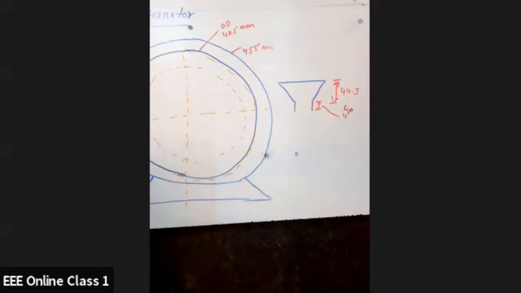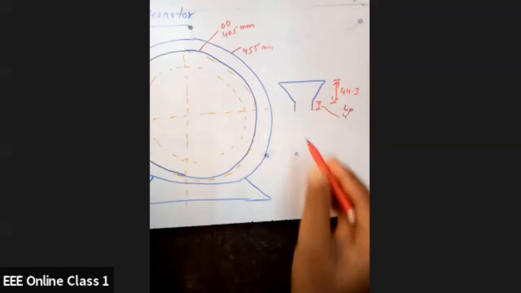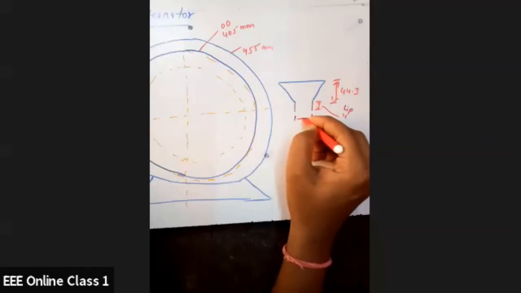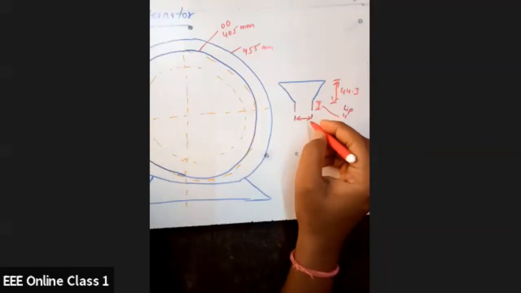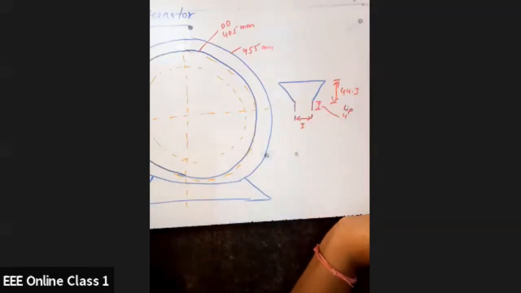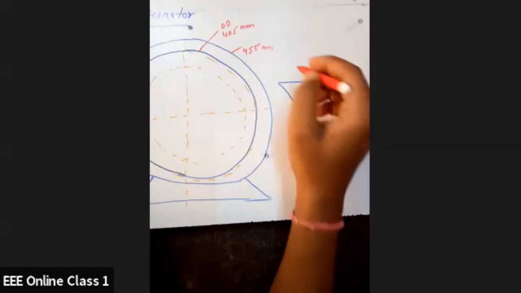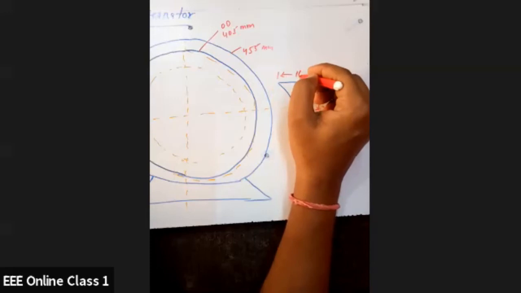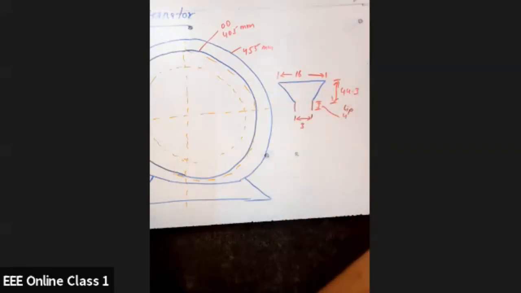Next, slot opening. This part is 3 mm. Slot width at the top is this, so this is 16. Slot width at the top is 16 mm. And slot width at the bottom over the lips is 10.76 mm.